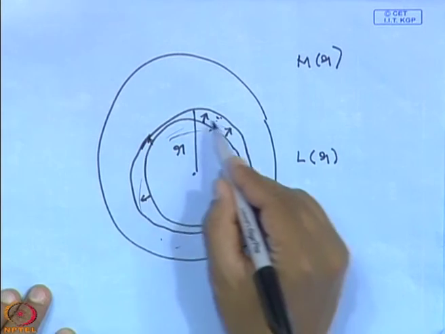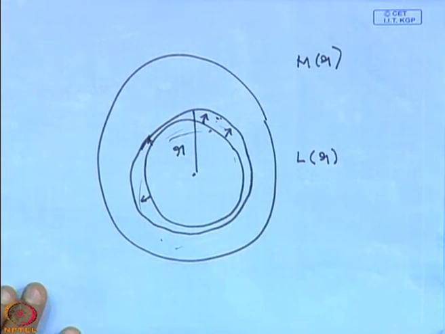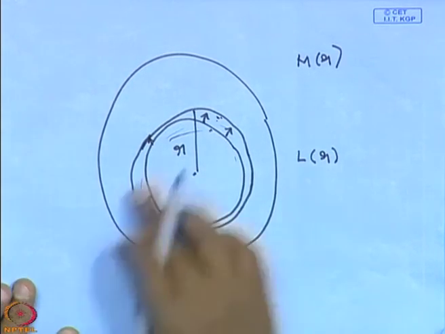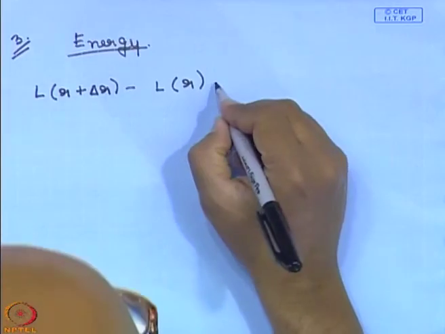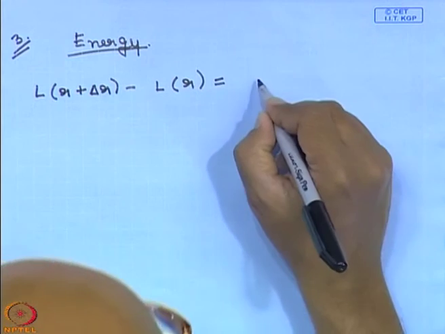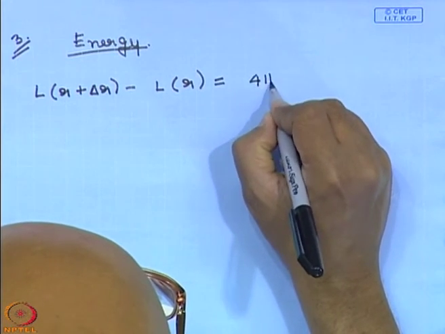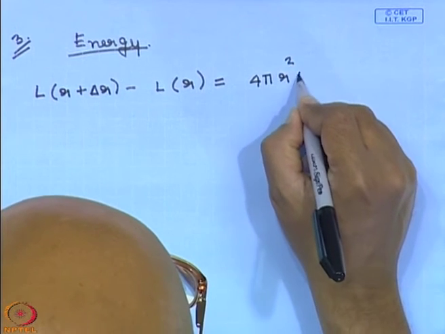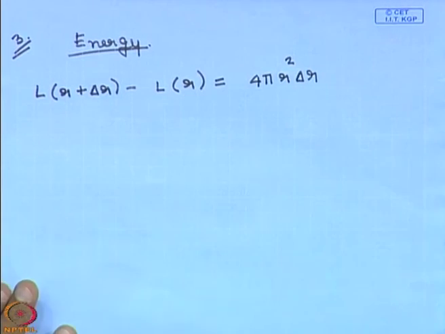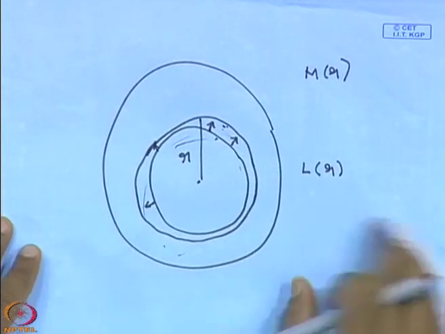And the energy that is generated in this shell we write as the volume of this shell. So, the volume of this shell is 4 pi r square into delta r, into the density, that will give you the mass inside this shell.